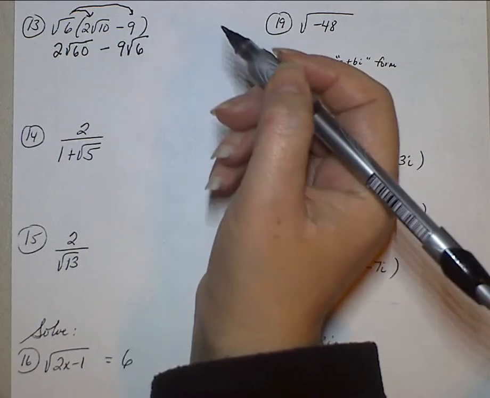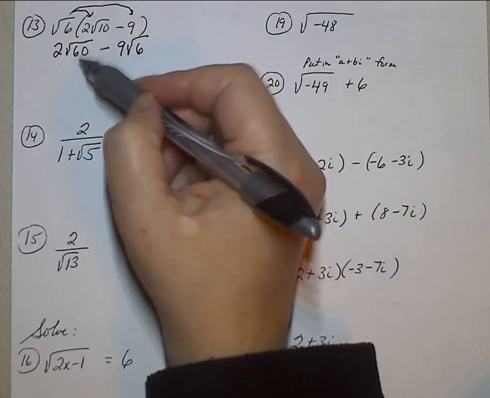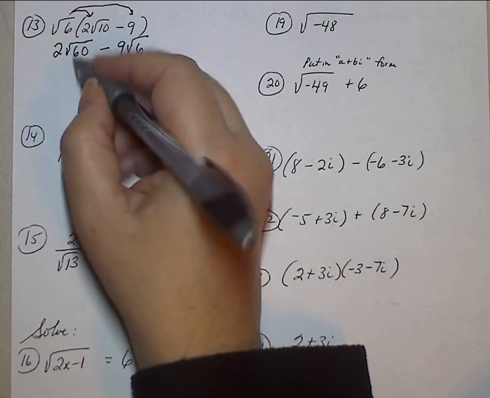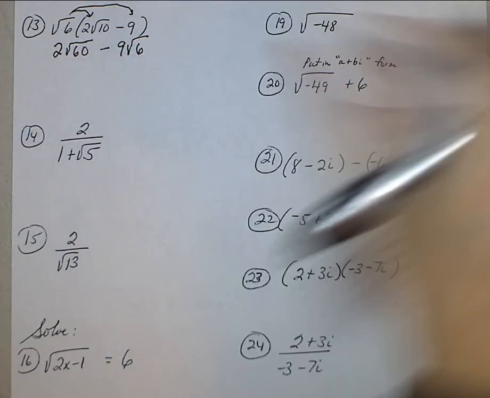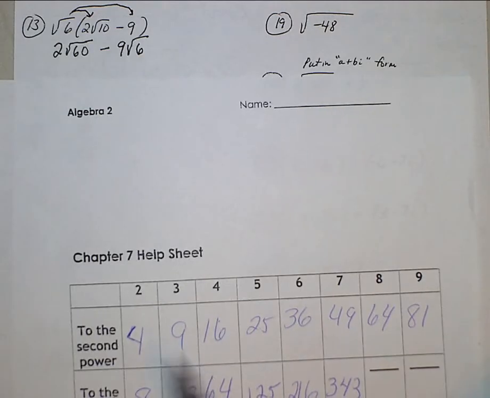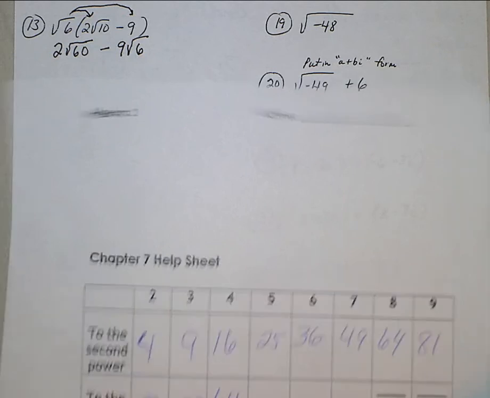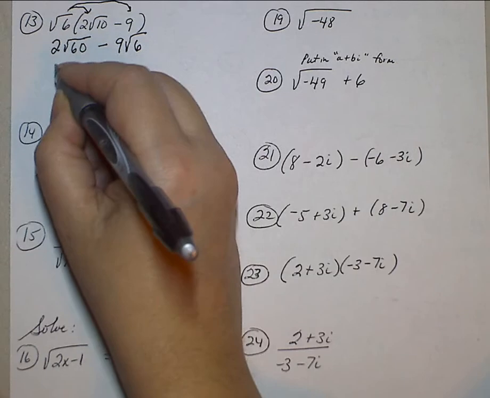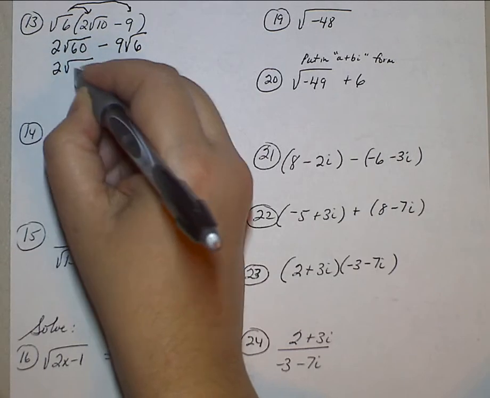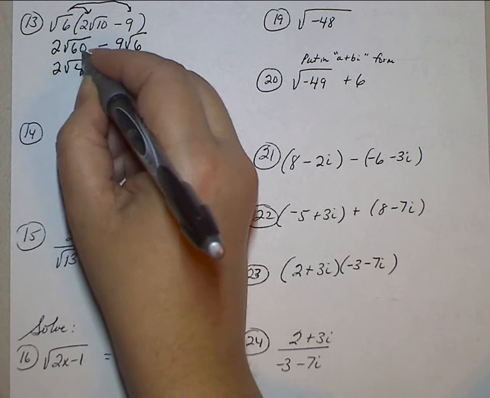The square root of 60 breaks it down into what goes into 60, what perfect squares. So you have to go and say, does 4, 9, 16 divide those out, see what they are. And hopefully you get 4. 4 times what gives me 60? 15.